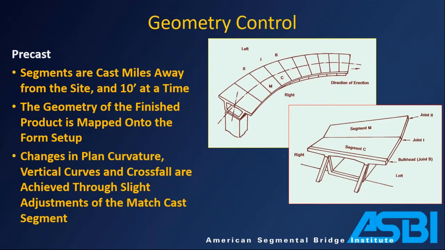What does that mean in the local sense for these two segments? What is the relative degree of wedge shape that I need for those two segments to get it to match up and follow the curve when I erect them out in space? So you are zooming in on two pieces, looking at the relative relationship between two pieces, adjusting that as you cast it, and then when you take it out in the field, they fit together the right way.